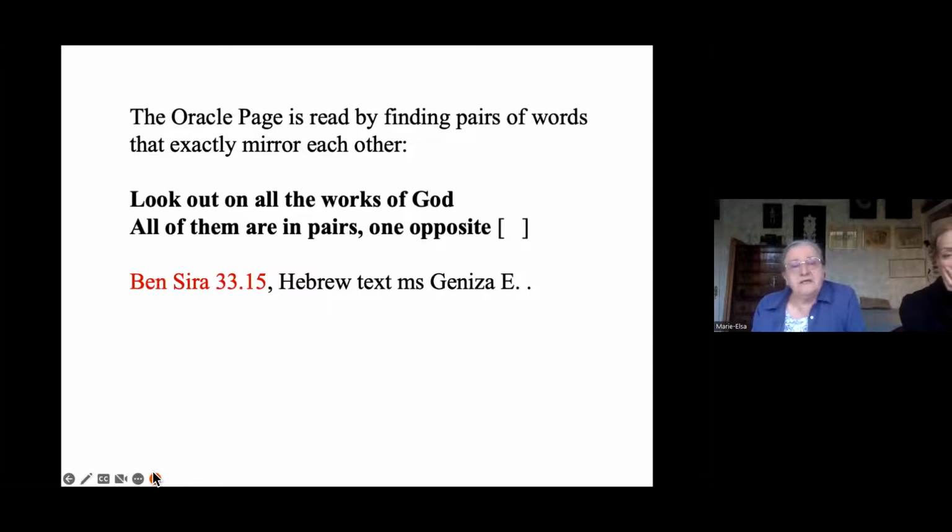The oracle page is read by finding pairs of words that exactly mirror each other. Now, there is a style throughout the ancient Levant and the ancient Near East, which scholars have called gemination.